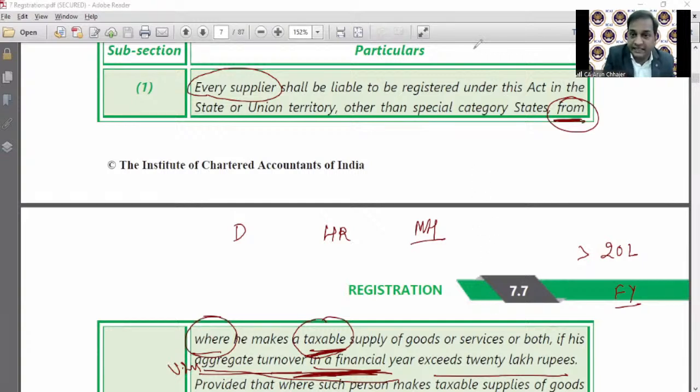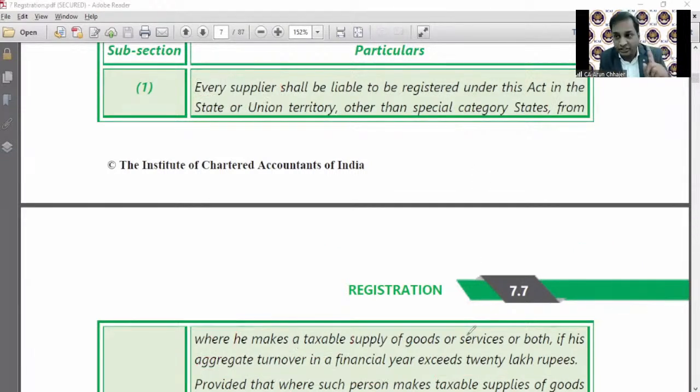Let me take a simple example. Let me ask you one question. Please reply in the chat. If I am making no turnover from Haryana, if I do not have any supply in Haryana, do I need to take registration in Haryana? I am waiting for your answer. Repeating again, I am located in Delhi, in Haryana, in Maharashtra.